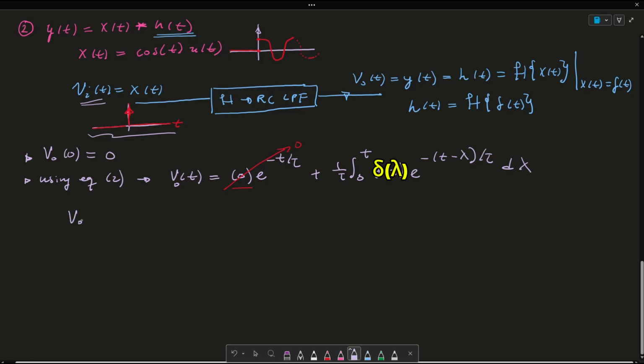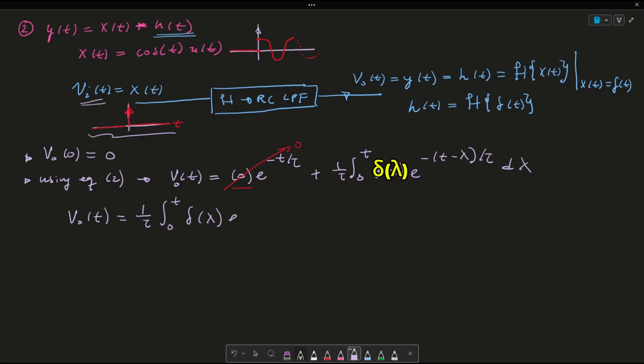So then now we are left with v out of t is equated to 1 over tau integral from 0 to t delta lambda. I'm going to go ahead and pull out this e to the minus t over tau, e to the plus lambda over tau.